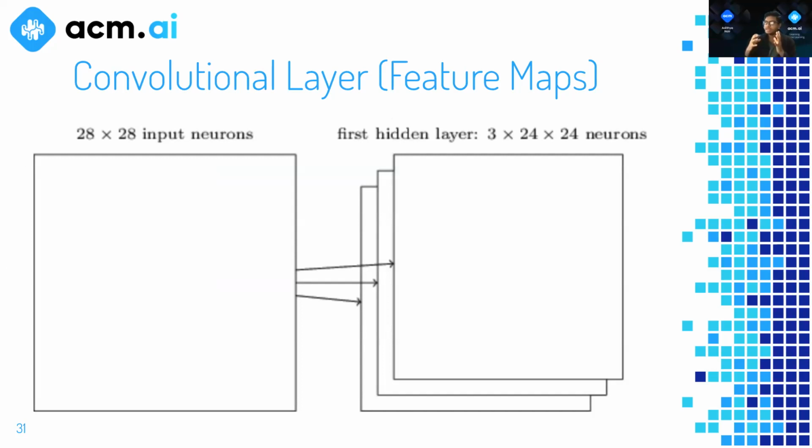There is depth to this hidden layer output, and the reason is we have applied 3 different filters to produce 3 different feature maps. These feature maps are stacked on top of one another to create this volume.